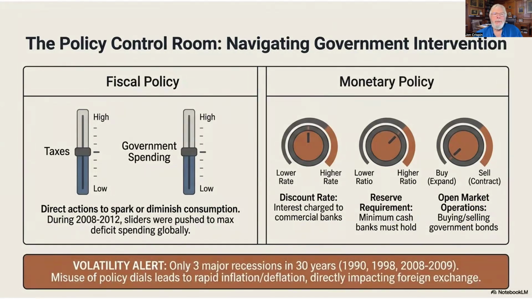Now here's the policy, and this is where government gets involved. The purpose of government getting involved at all is to make sure that the economy and the money systems don't swing in one direction or the other too far.